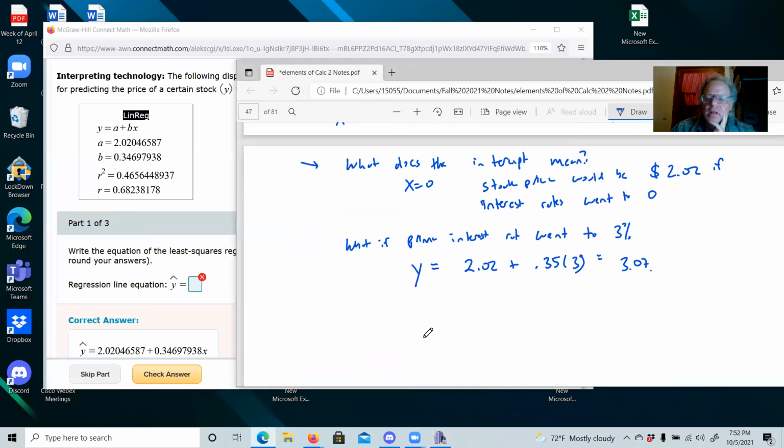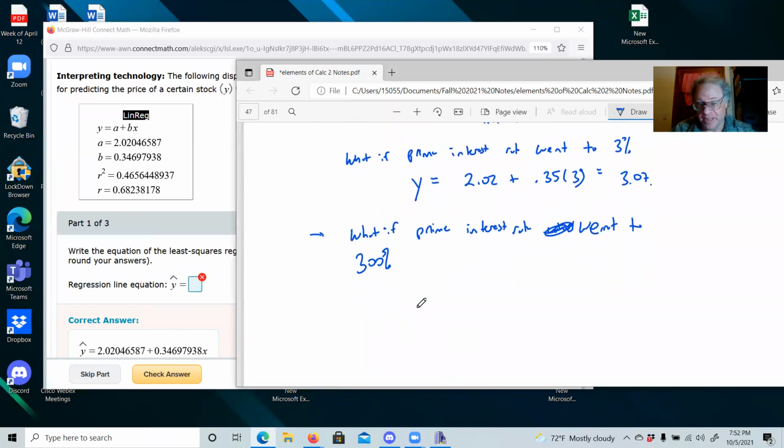All right. Now the next one is, what if prime interest rate went to, give me something ridiculous. The question is going to have a weird answer to it, but what's a payday loan interest rate? What is that, like 300%? Okay, maybe more.